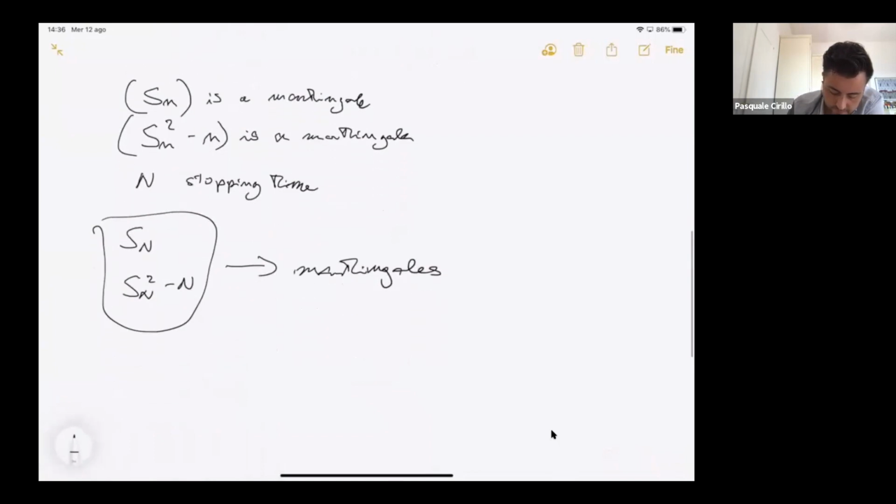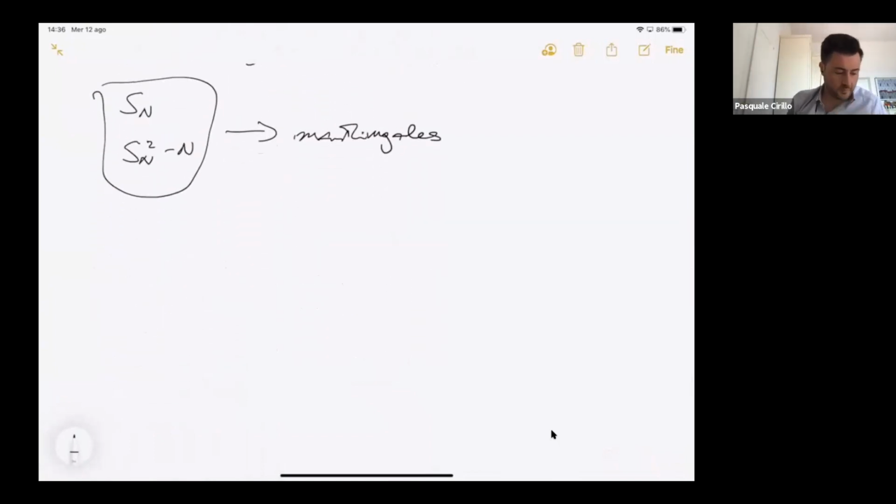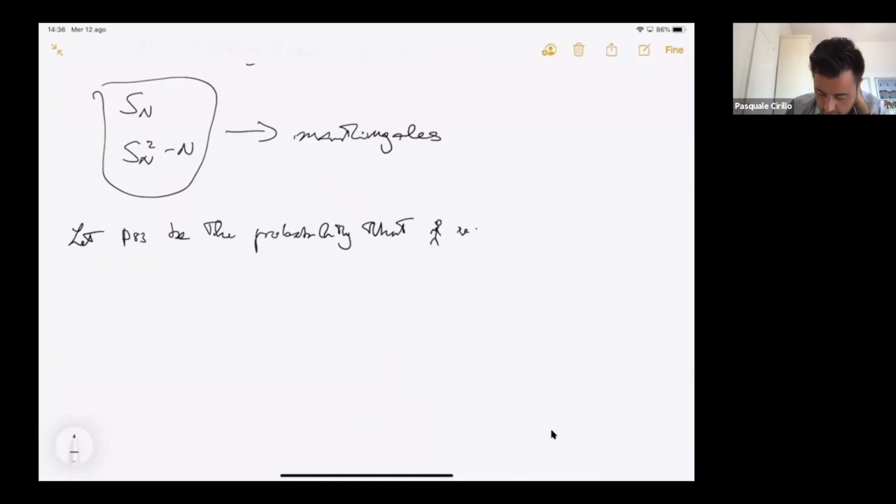Now, let P83 be the probability that our drunk man reaches 83.